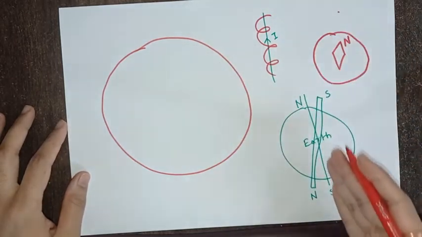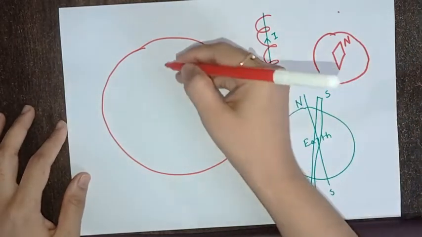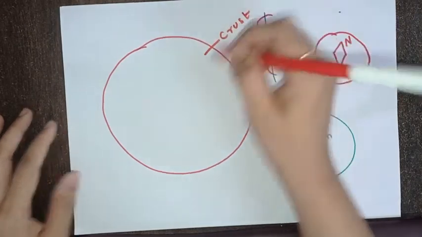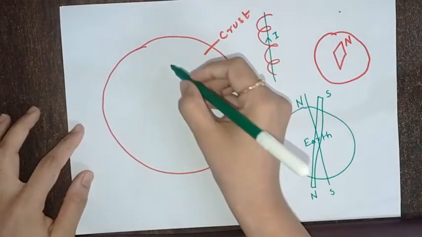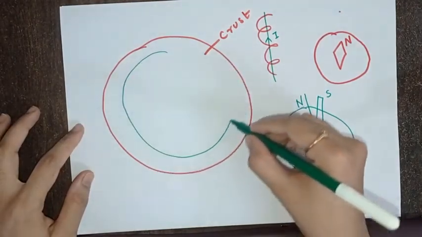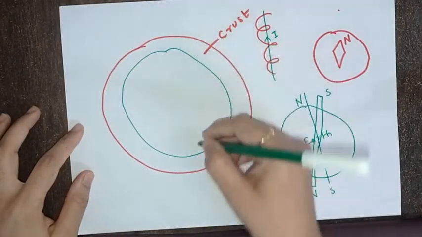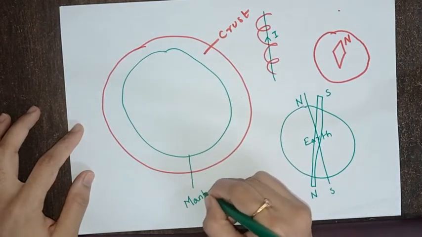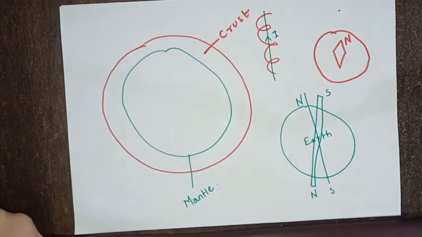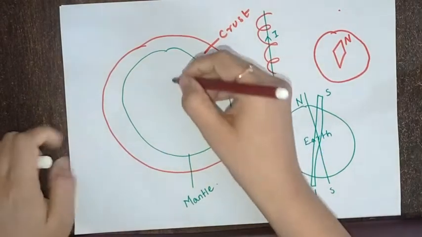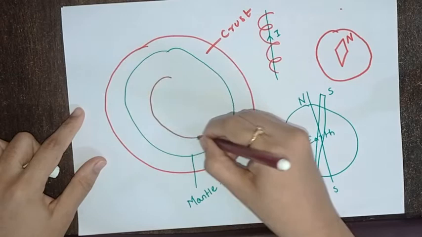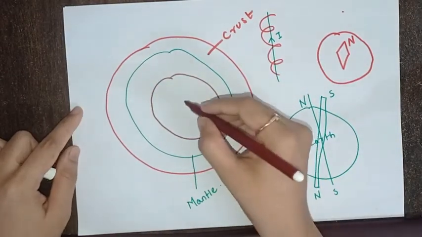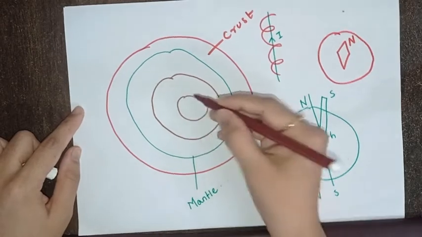If you cut it in half, we have this crust, then there is the mantle, and then we have the core. The core itself is divided into two parts, that is the inner core and the outer core.